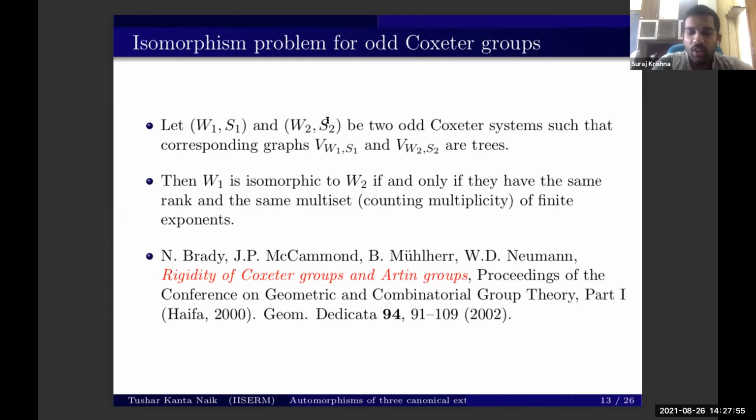Actually, when it is an odd Coxeter group, both happen to be kind of the same, because in gamma you remove the edge when the exponent is 2, and in the V graph, when W1 and W2 are odd Coxeter groups, there is no edge when the exponent is 2. So this V graph can be seen as a subgraph of the gamma graph. We just have to add the infinity part for the gamma graph.